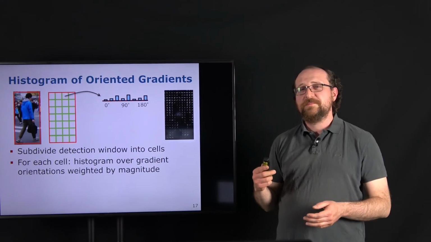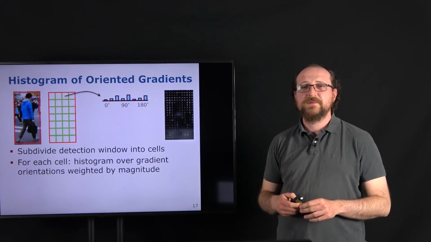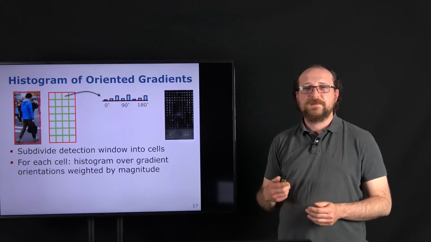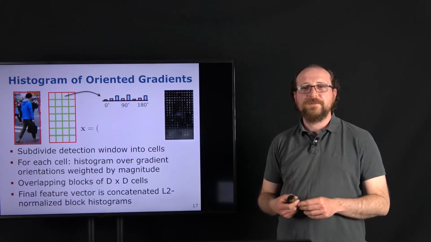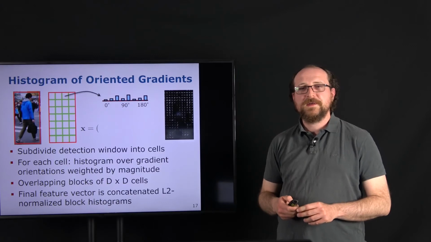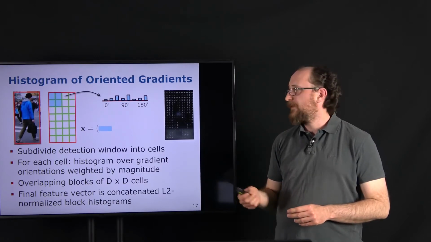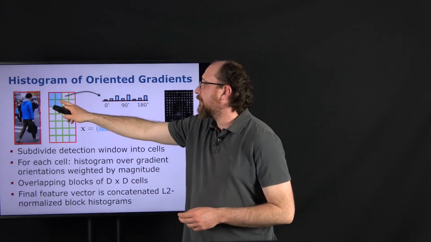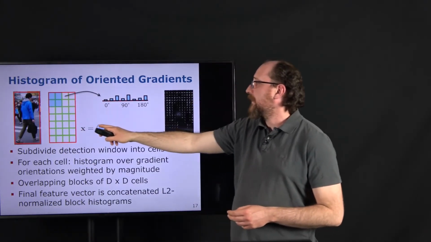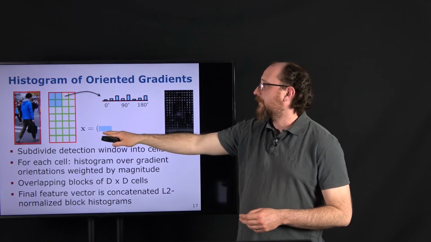To make it really powerful now is to aggregate these cells in the end. For this we have blocks of D by D cells, in this case 2 by 2. We are just taking the histograms of these cells and putting them into our feature vector.